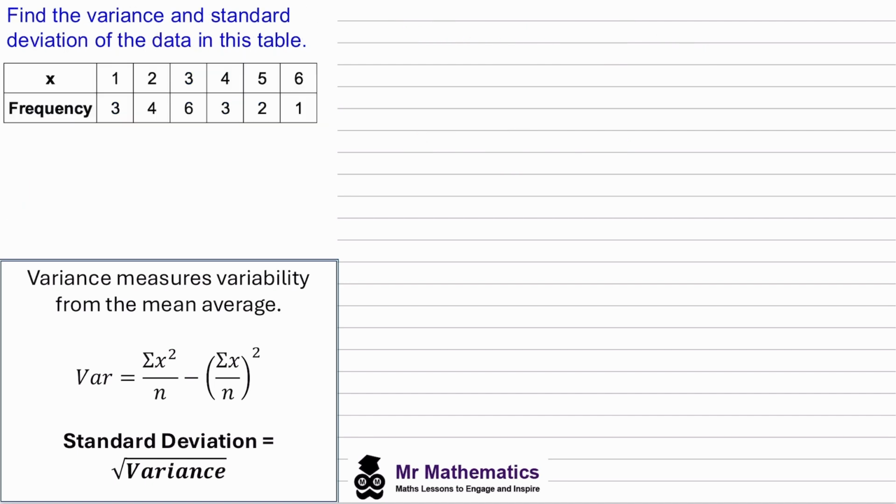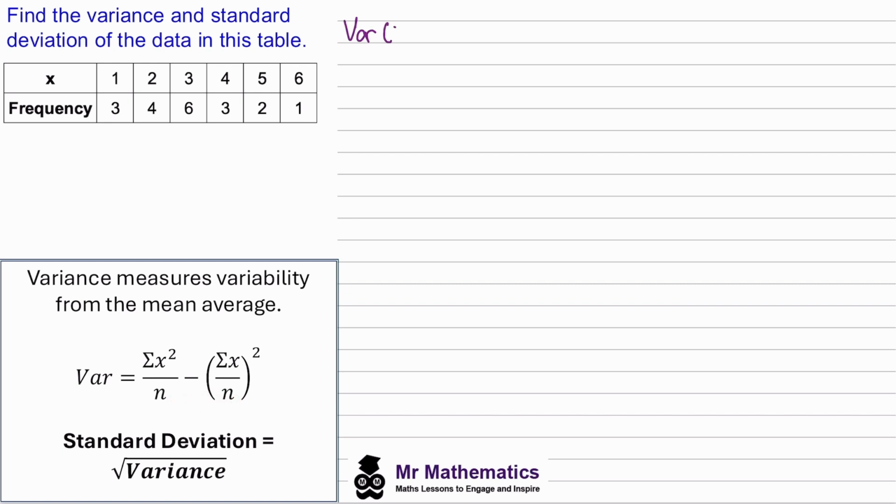In this question, we've been asked to work out the variance and the standard deviation from data presented in a frequency table. And we follow the same formulae, but now rather than just adding up the x values, we need to remember that there's 3 lots of this 1, 4 lots of this 2, and 6 lots of this 3, and so on. So we need to adjust our formula.